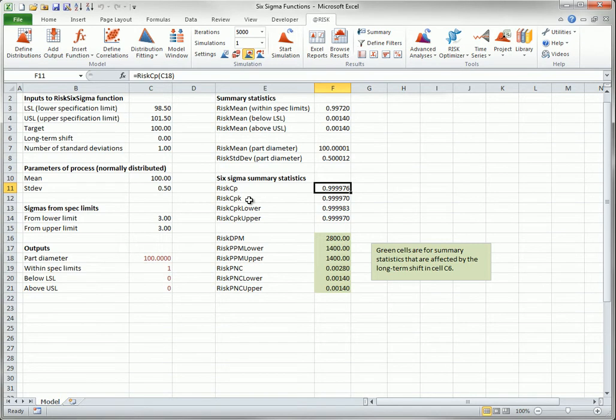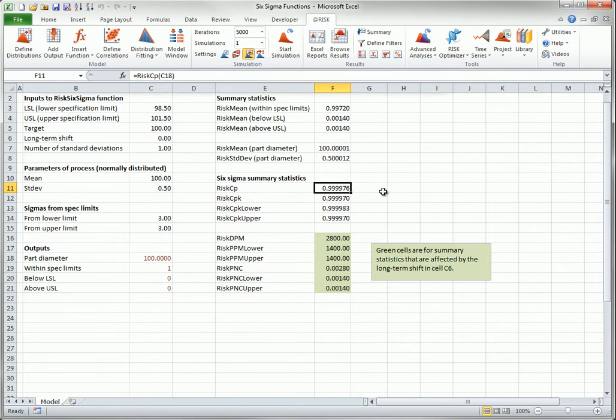The Cpk index is for a process where the mean is nearer to one spec limit than to the other. In this case, there is a Cp type value for each limit, shown in cells C13 and C14. And Cpk is the smaller of these. You will see an example shortly of such a process.